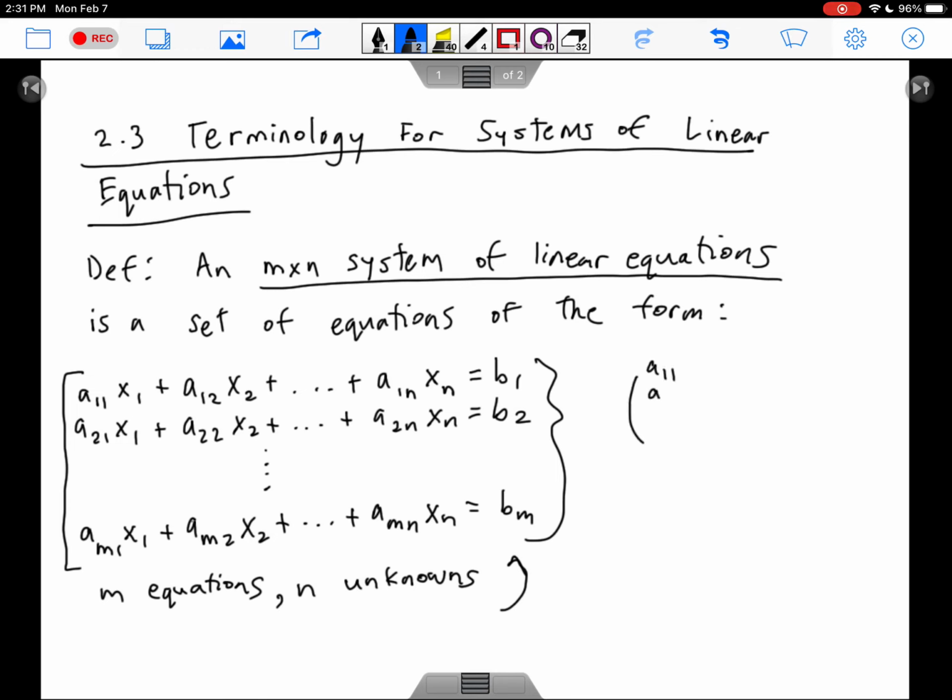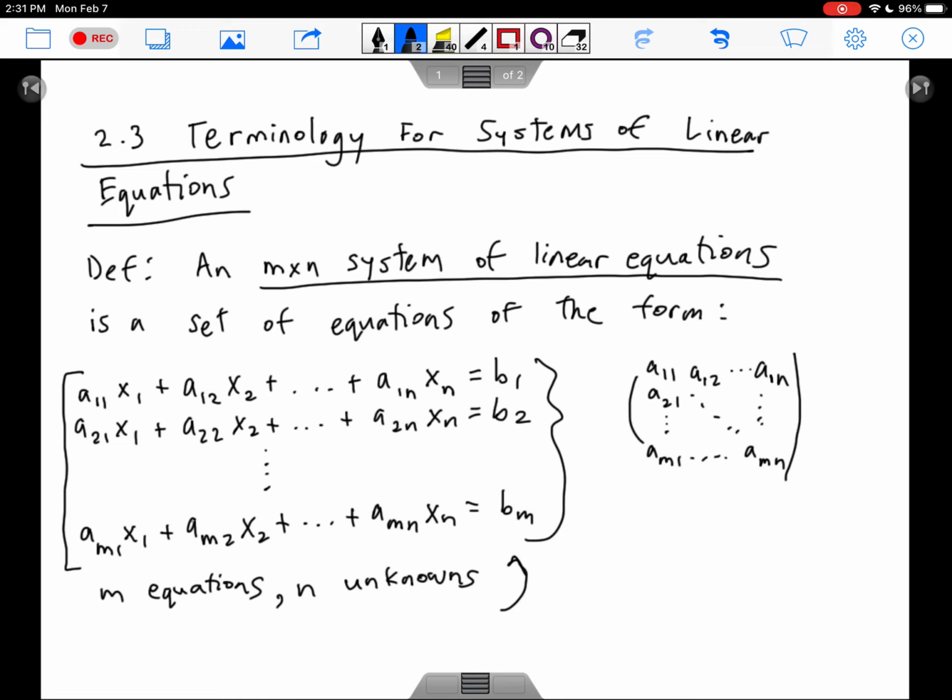This is our matrix of coefficients. So what you can do is just write down the coefficients of the x's and put that in a matrix. And that gives you an m by n matrix. Okay, so there is our matrix.